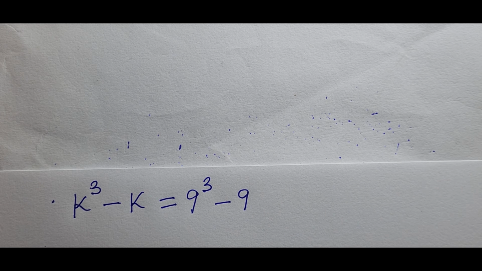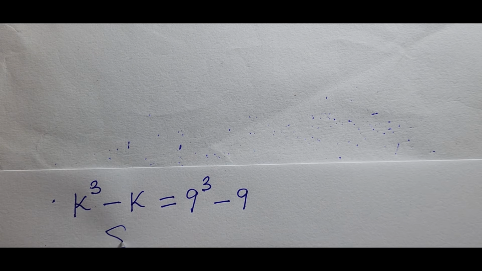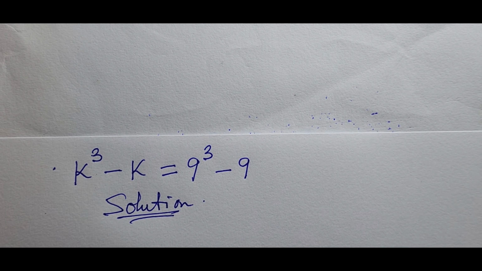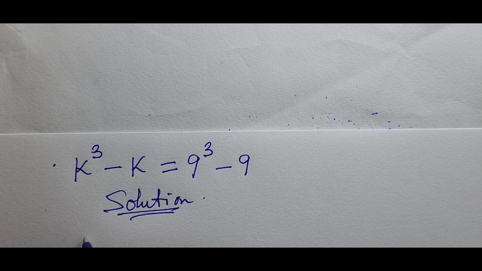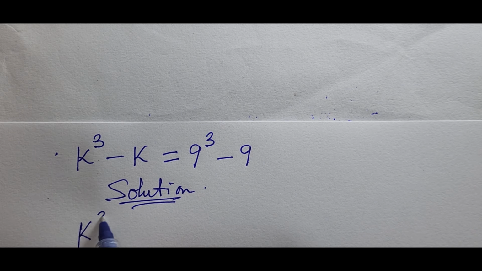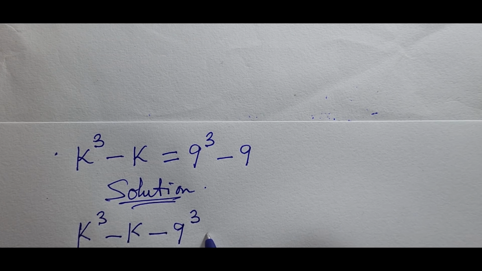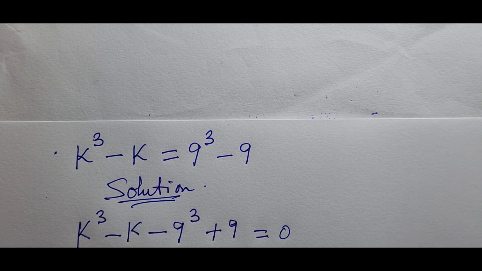So let's take our solution from here. The first thing we're going to do is to move the quantities on the right-hand side to the left-hand side. This gives us k to the power of 3, minus k, minus 9 to the power of 3, plus 9, everything equal to 0.